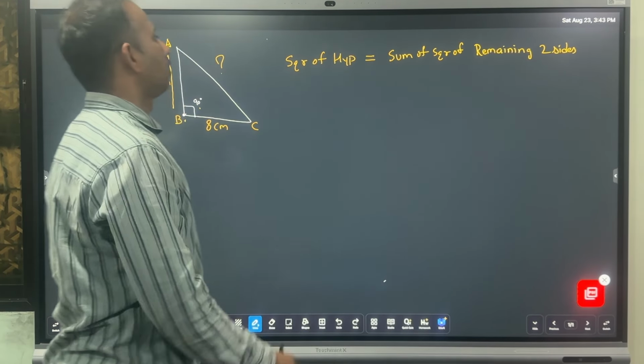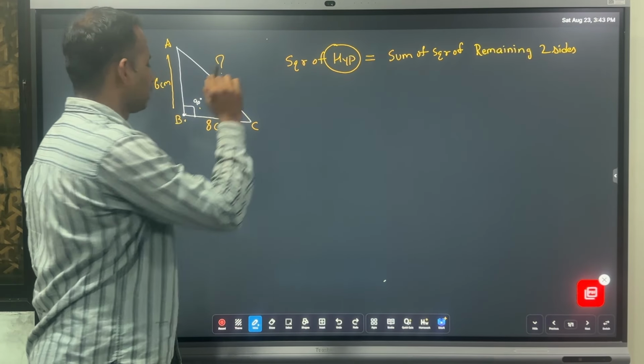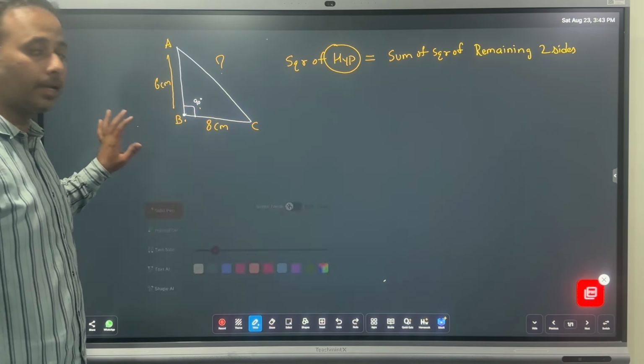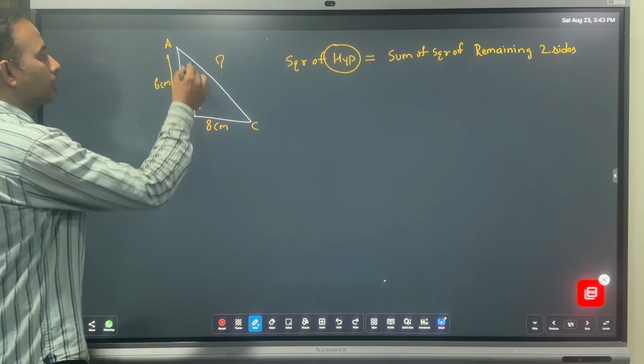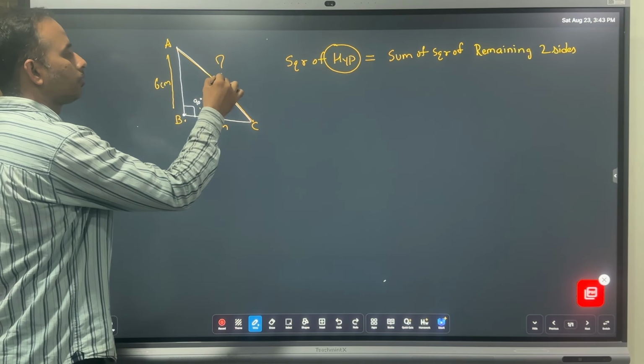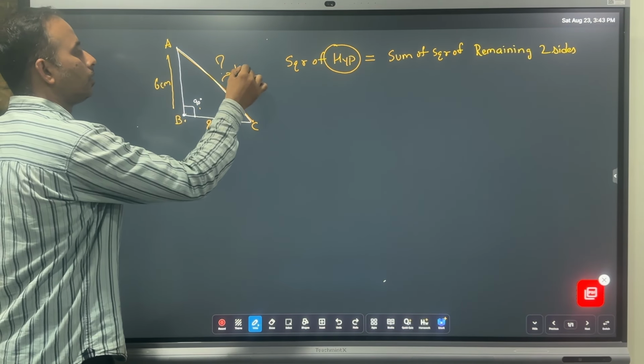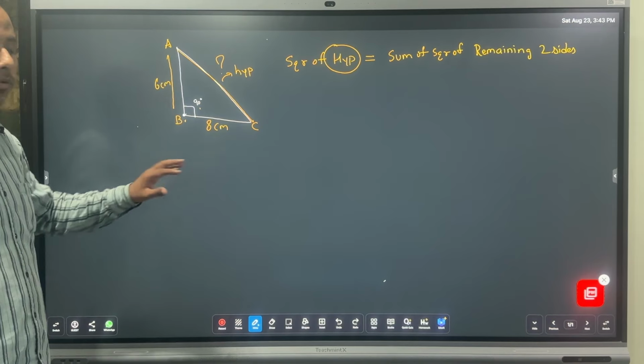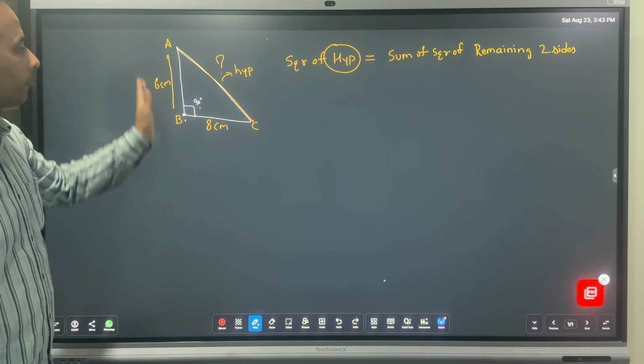Now first of all, which one is your hypotenuse in the triangle? Anybody can guess it? Obviously this AC is our hypotenuse. And what is the specialty about hypotenuse? It is the longest side of a triangle.